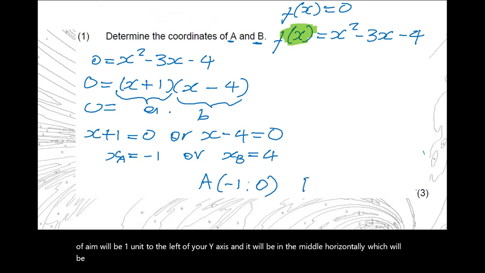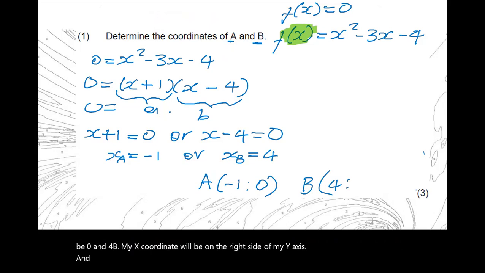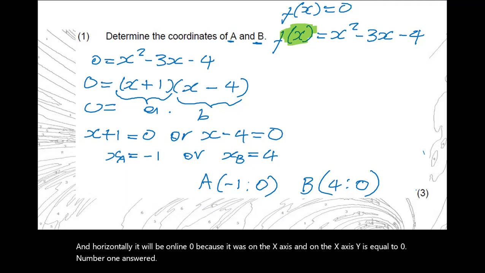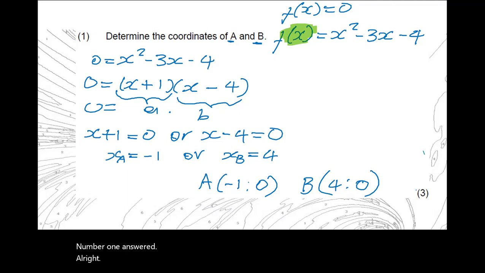And for B, my x-coordinate will be on the right side of my y-axis, and horizontally it will be on line 0 because it was on the x-axis, and on the x-axis y is equal to 0. Okay, number 1 answered. Was it good? Did you enjoy it? Was it easy?